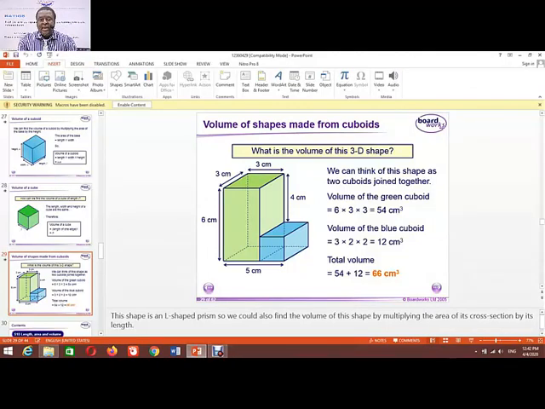We are going to calculate their volumes separately. The volume of the green cuboid is 6 times 3 times 3, which is equal to 54 centimeters cubed. The volume of the blue cuboid is 3 times 2 times 2, which is equal to 12 centimeters cubed. The total volume is 54 plus 12, which is equal to 66 centimeters cubed.